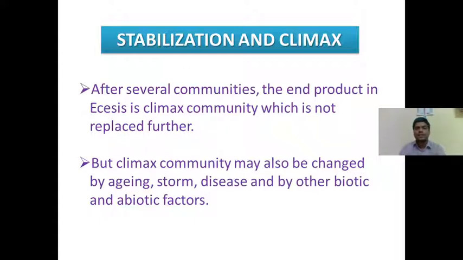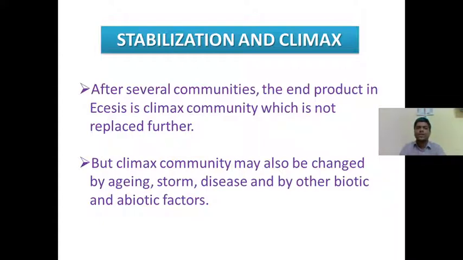But still, the climax community may also be changed or replaced because of aging, storm, disease, and by other biotic and abiotic communities. Aging means if the lifespan of the community gets over, that is called as aging. Or if a huge storm is there, all the climax community present will be uprooted and will die in due course of time.